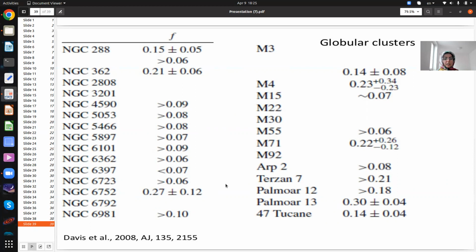We can say that in globular clusters we see fewer binaries because globular clusters are more dense, and we do not have good proper motions, so we cannot measure whether the stars are in binary systems or not. Also, we do not have good spectroscopy and we do not have good radial velocities. So we can just measure the eclipsing binaries and estimate the possible number of binaries by scaling the number of eclipsing binaries.